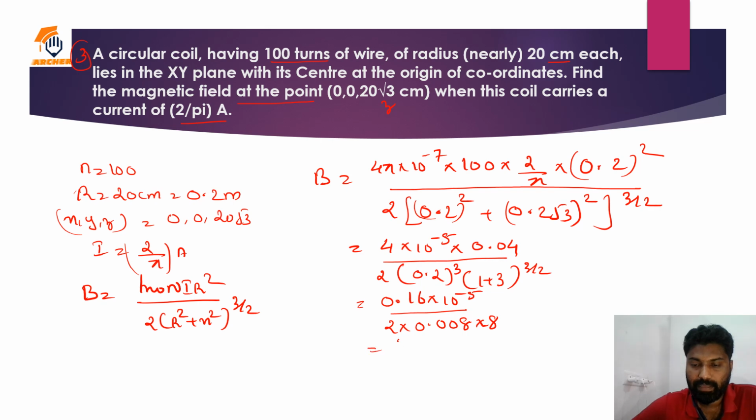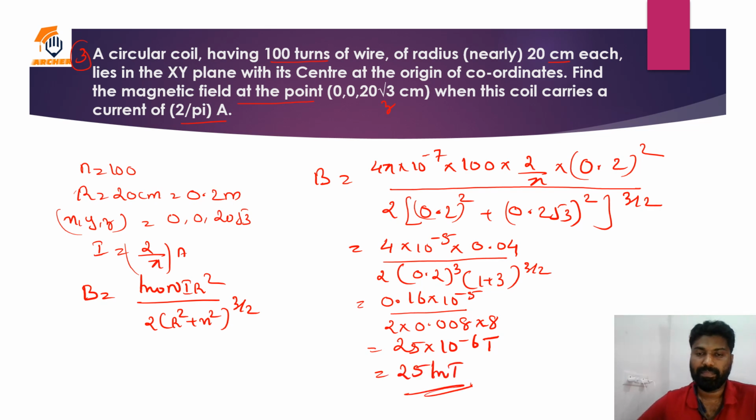So this will be 25 × 10^-6 Tesla, or we can write 25 micro Tesla. This is the answer for this problem.